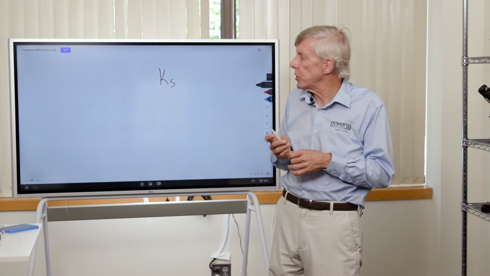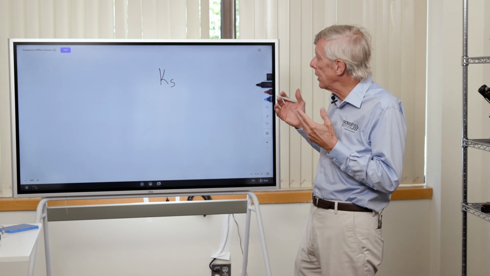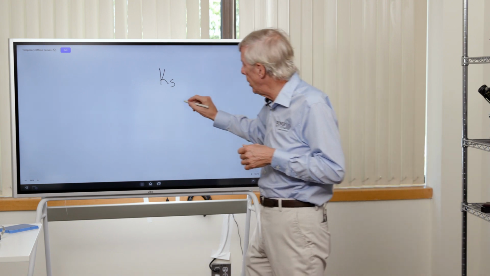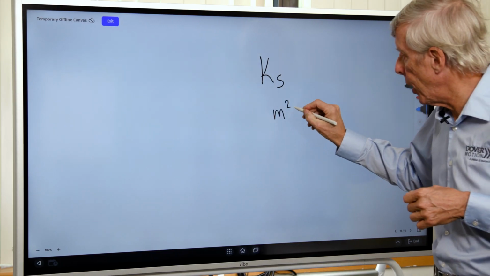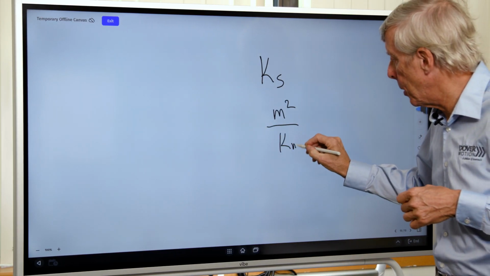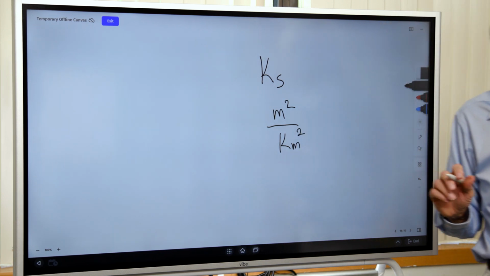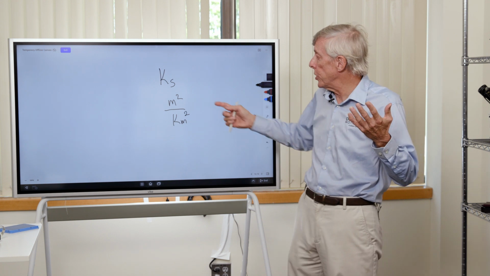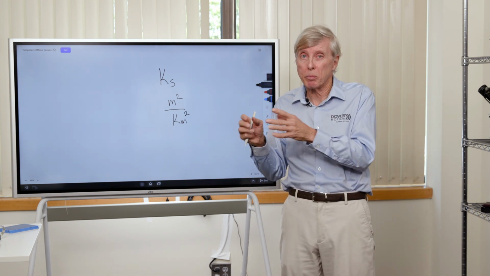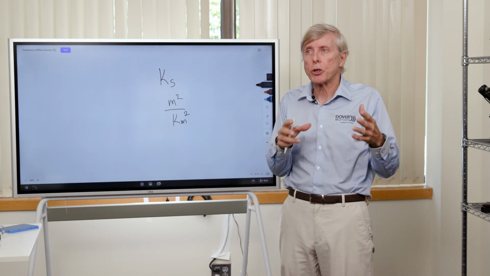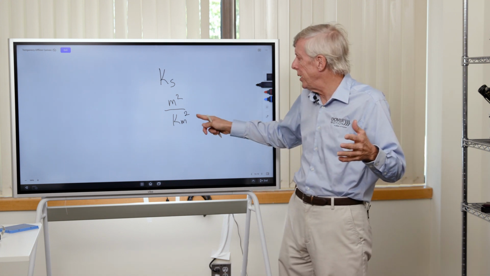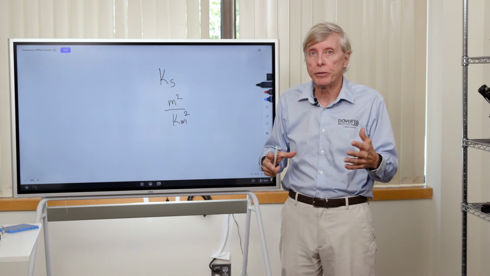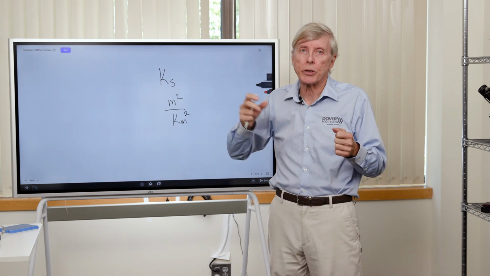K sub s is a quality factor for a stage, and it is the mass squared divided by K sub m squared. By the way, this mass is not only the payload mass, it's the stage moving mass. So for example, if you have a stage with a modest K sub m, but the stage is very massive, it's going to have a low value of K sub s.